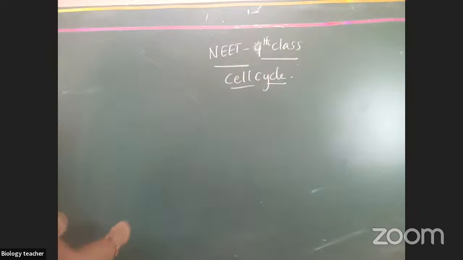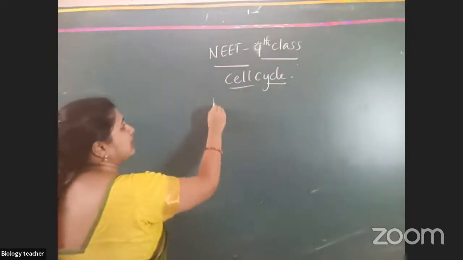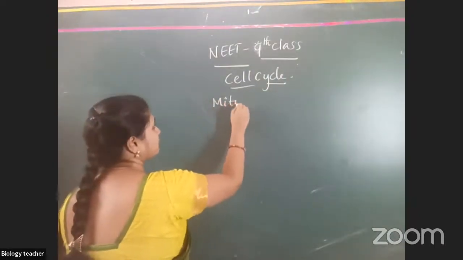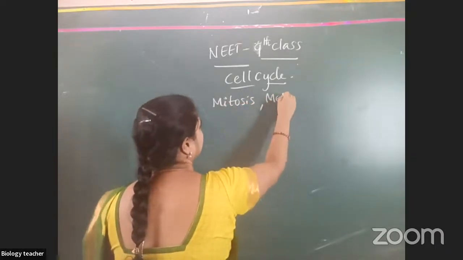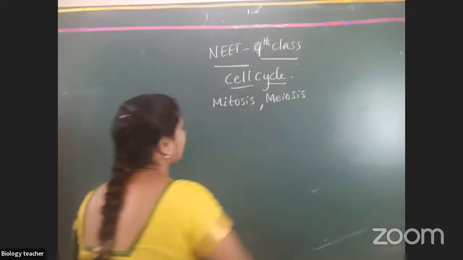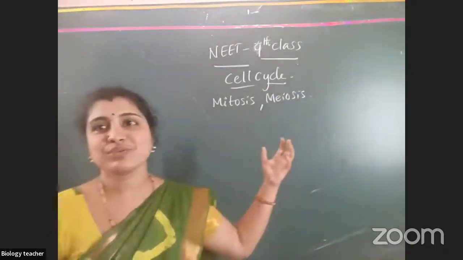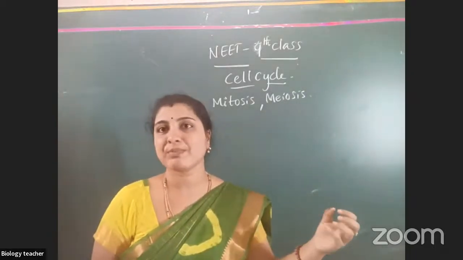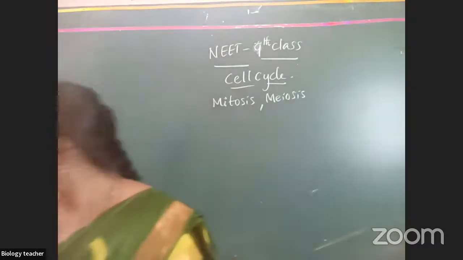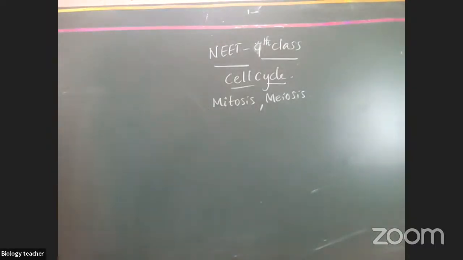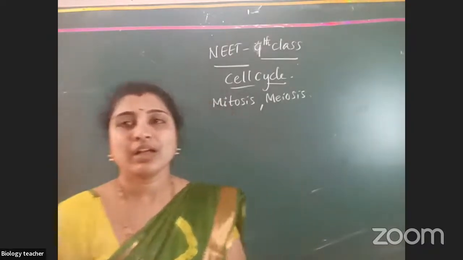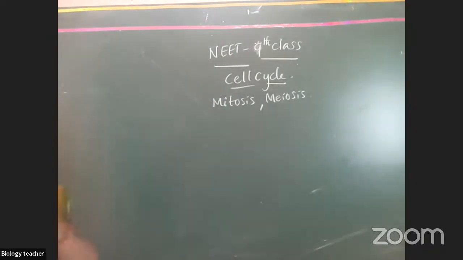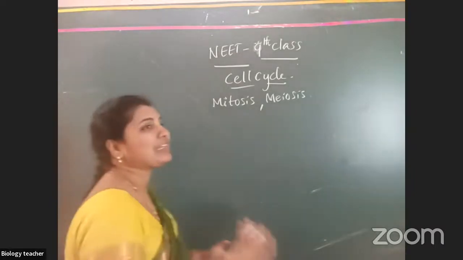The cell cycle undergoes two divisions, that is mitosis and meiosis.